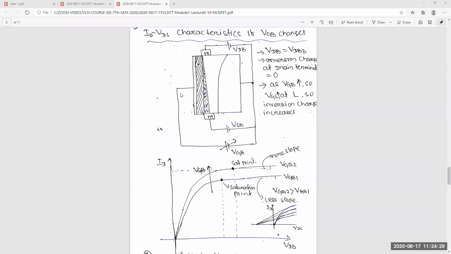Because this electric field is stronger here, if you increase this voltage, it will increase at a more rapid rate compared to this voltage after this threshold point. That's why the slope is more here.